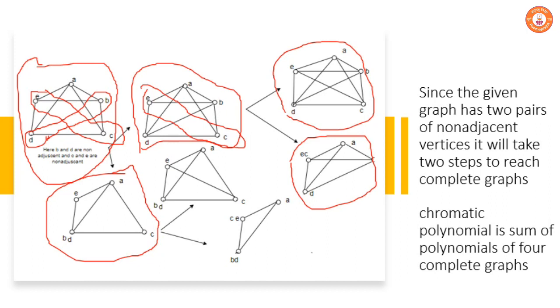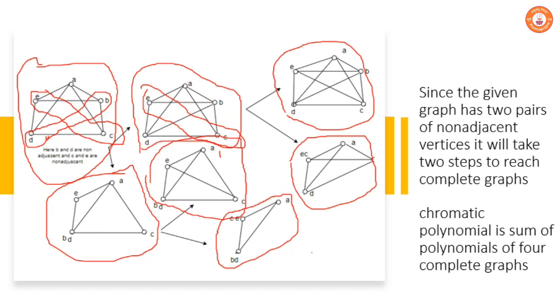Coming to the second graph G2, we will find here two non-adjacent vertices E and C. Therefore, drawing an edge, we get the graph G21, and fusing the vertices, we get graph G22.